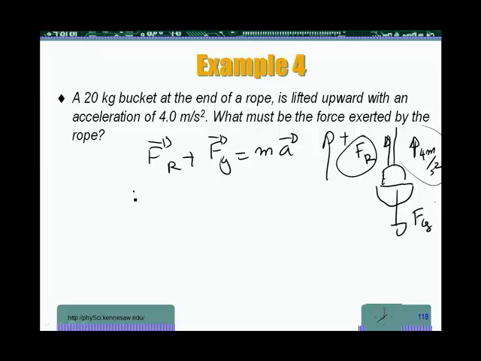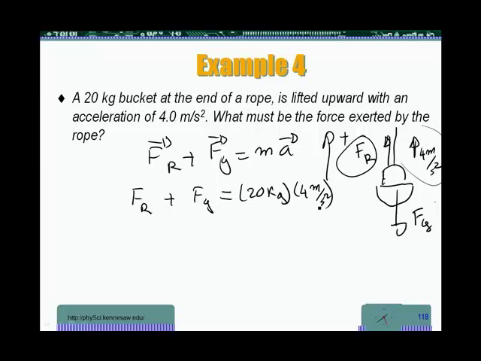In this case, our unknown is Fr, and Fg is going to be a negative number that we'll find in a little bit since the upward direction is positive, and that's equal to 20 kilograms times A. A is positive since it's in the upward direction. It's 4 meters per second squared.